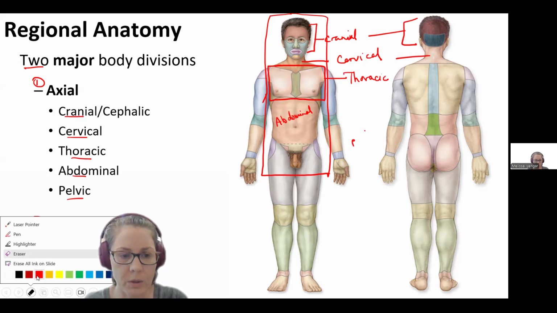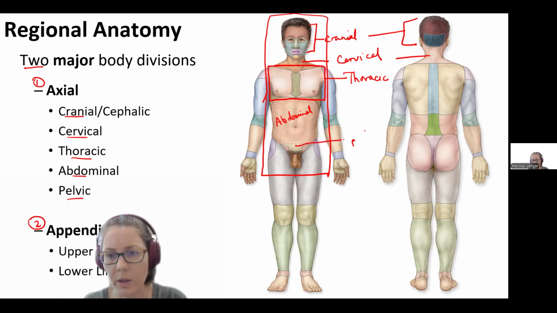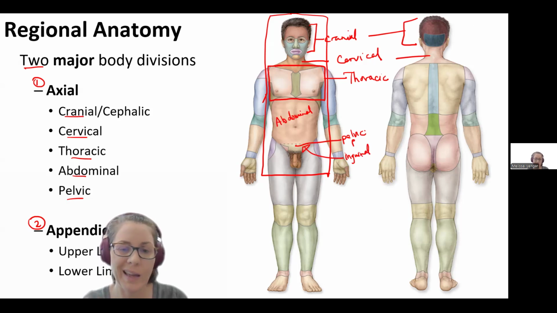So I should actually relabel that. This is pelvic. And then these little triangles on the sides where the leg meets pelvic, this is called inguinal. It's like where the torso ends and the leg begins.